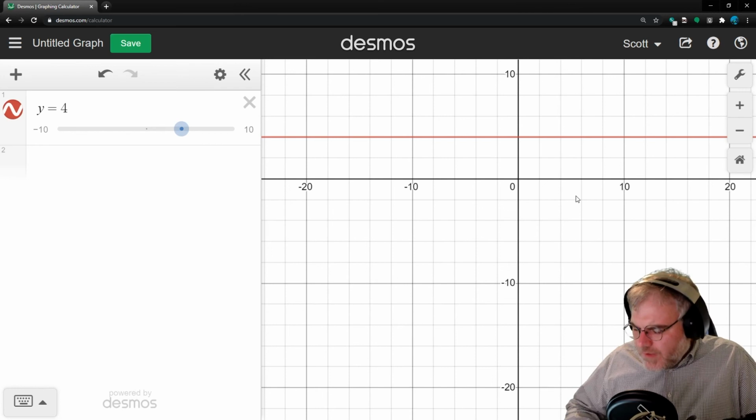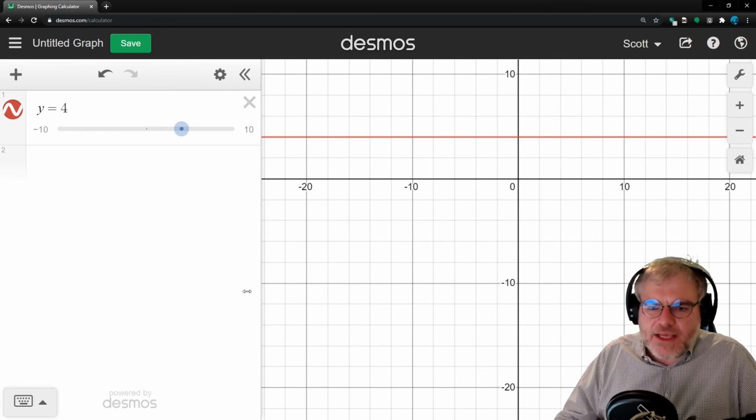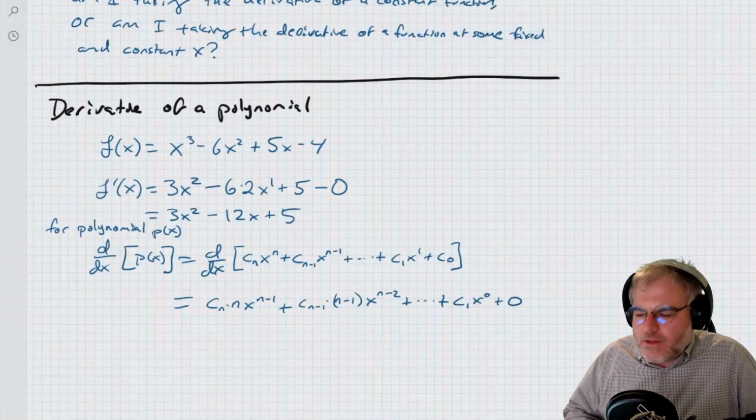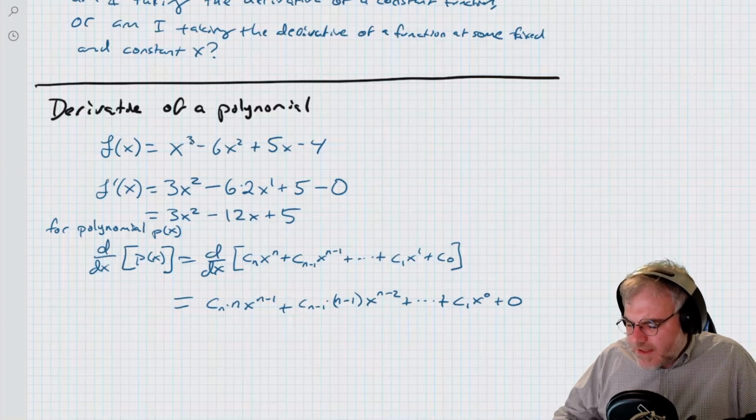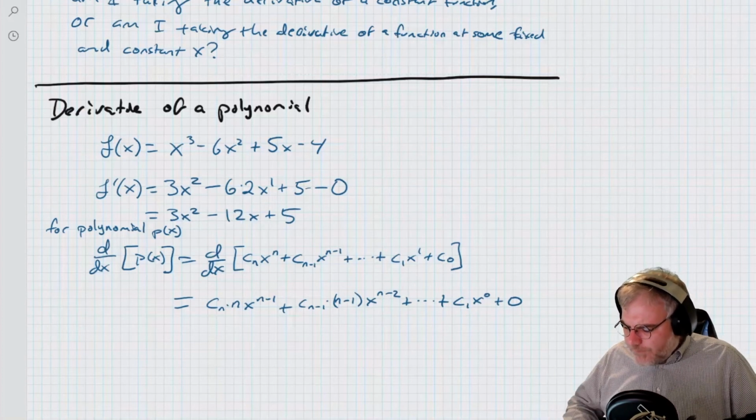Okay. So how do we feel about that, 1 to 5? You can't see because I'm on the wrong screen again. So f of x equals x cubed minus 6x squared plus 5x minus 4. I take the derivative and I'm going to wind up with 3x squared minus 6 times 2, x to the first, plus 5, x to the 0, minus 0, which I simplify as 3x squared minus 12x plus 5.